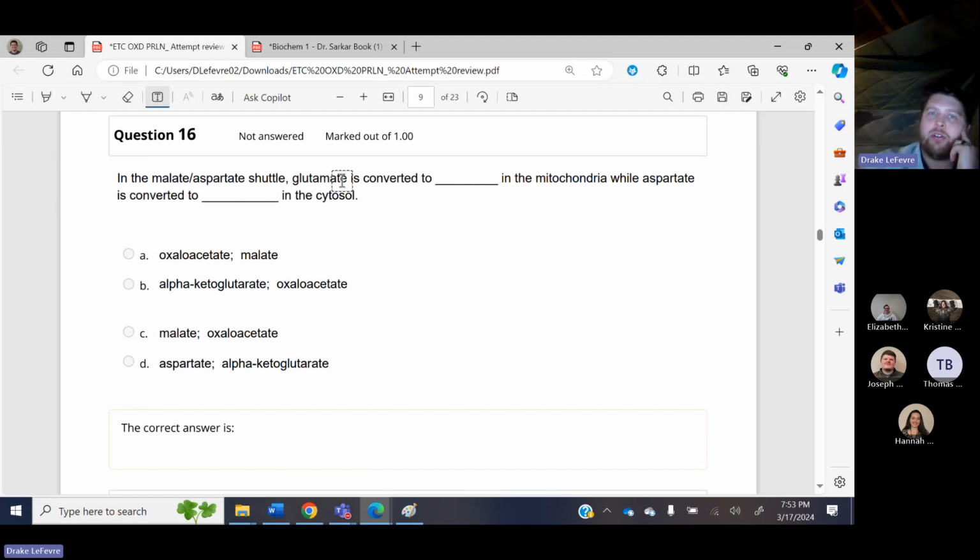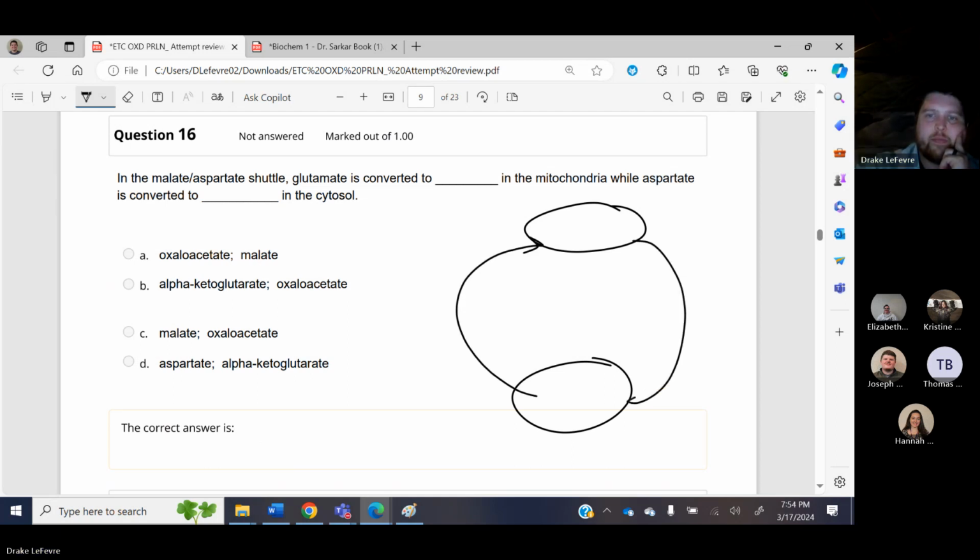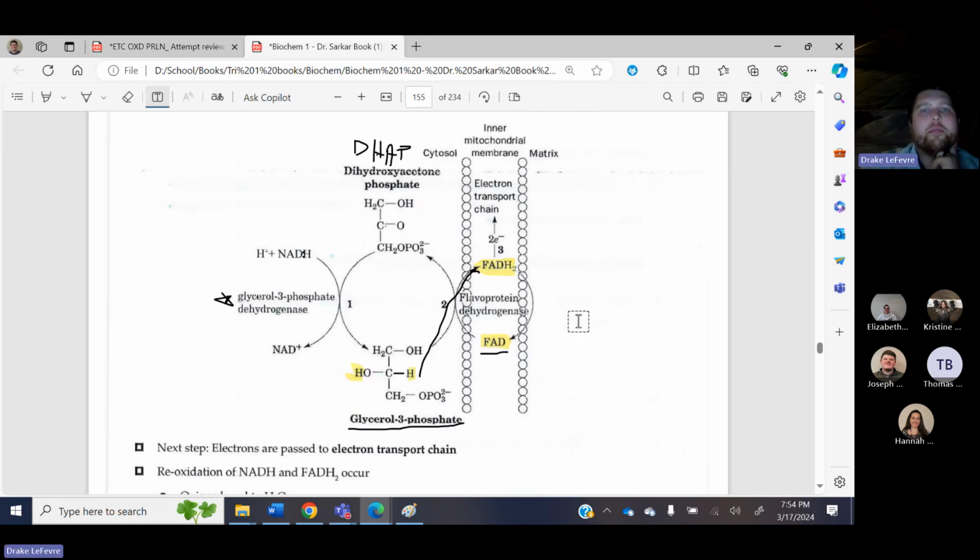In the malate aspartate shuttle, glutamate is converted to blank in the mitochondria, while aspartate is converted to blank in the cytosol. So remember, we have our two carriers, and we have them coming in. And there are the two different circles, right? So glutamate, I'll just pull up the thing.